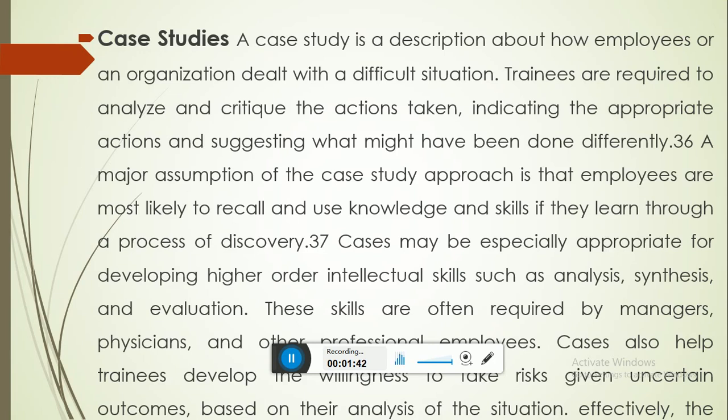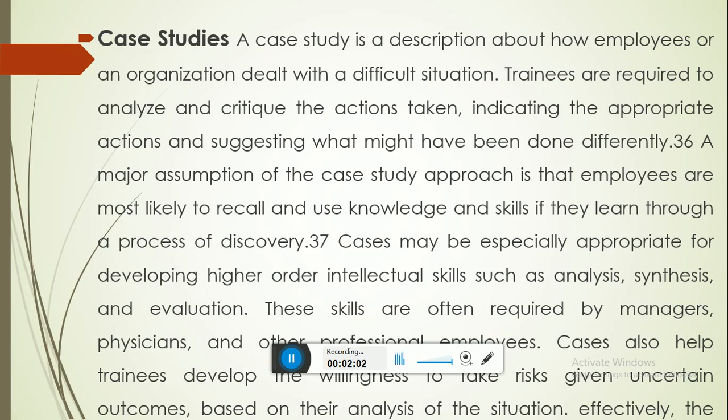So this is another method of learning, of training, which companies are using. The case has been given to you, and you need to evaluate or analyze the case and do the critical analysis.